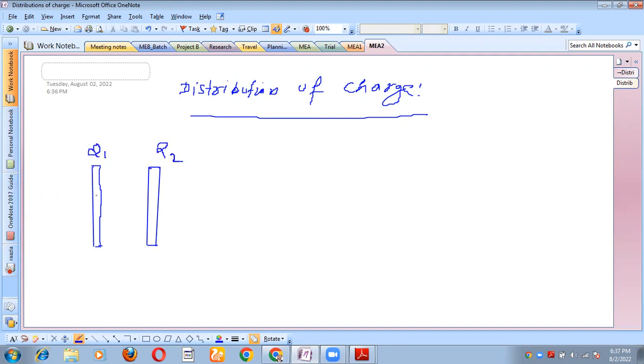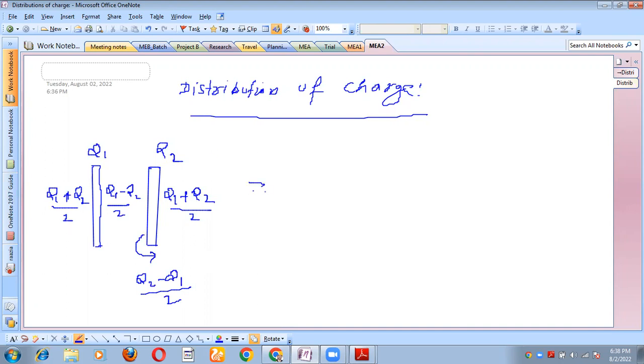What happens if you have two charged plates placed nearby? Distribution of charge takes place like this. In the outer plate, charge is (Q1 plus Q2) by 2. Here also (Q1 plus Q2) by 2. Inside it comes as (Q1 minus Q2) by 2, and on this plate it comes as (Q2 minus Q1) by 2. So this is the distribution on the plates.